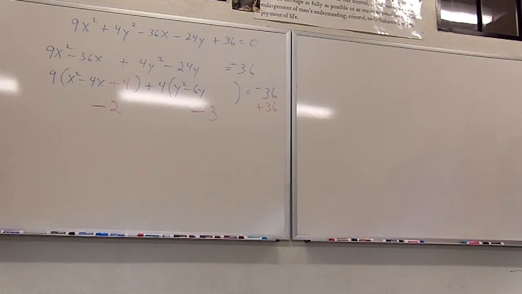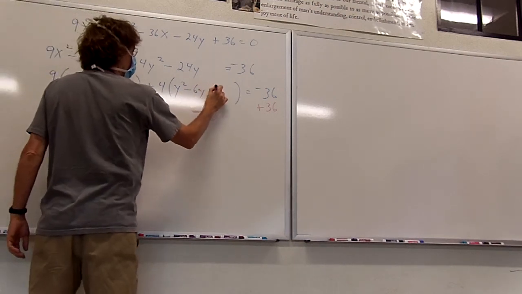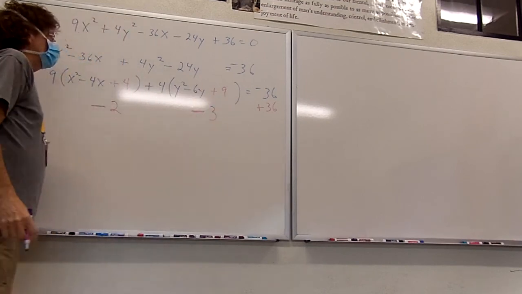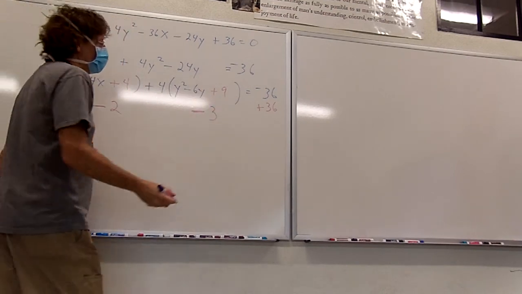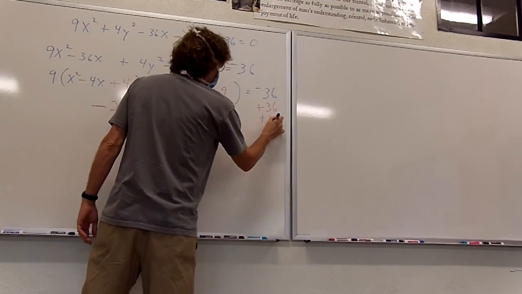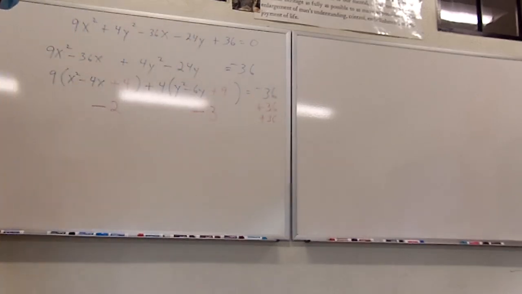Please write that step down. I promise you it's going to be handy. Square -3, we're going to get what? +9. And then 4 times 9 is 36. And most of the time, you don't get the same number twice like that. Okay. So far, so good?